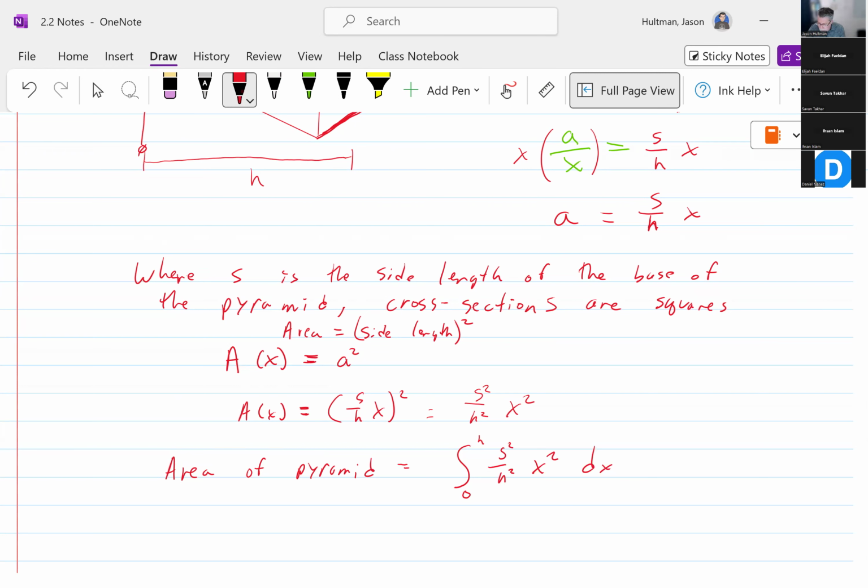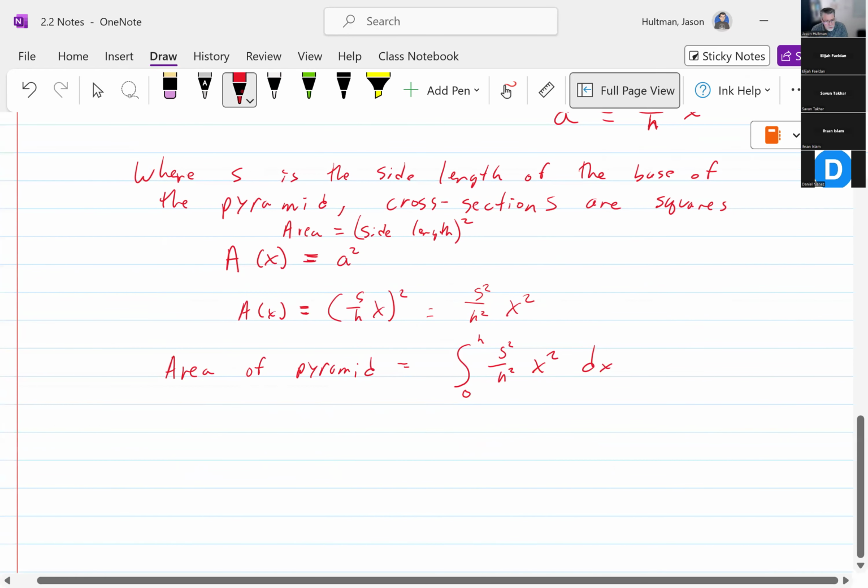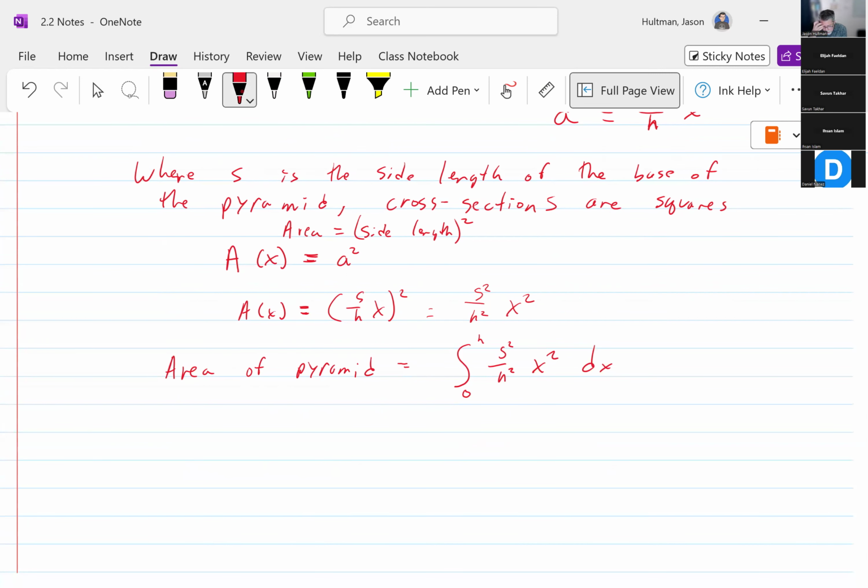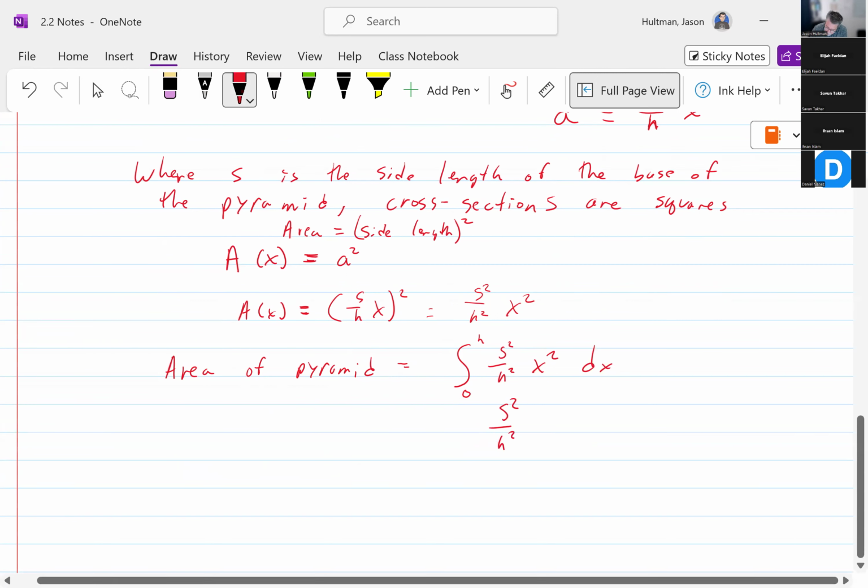S squared and H squared are just constants, so I can pull those out, or I could leave them in. It doesn't really matter. The only variable being integrated here is X. So this becomes S squared over H squared times X cubed over 3, evaluated from 0 to H.